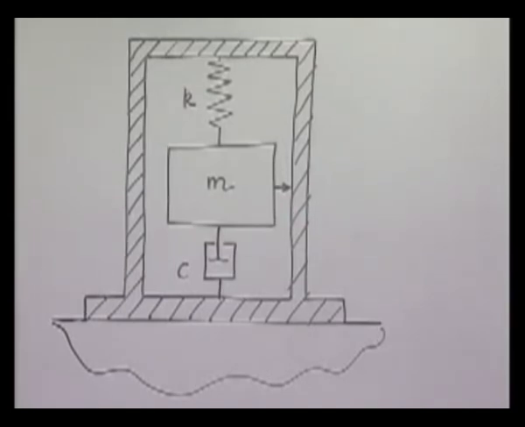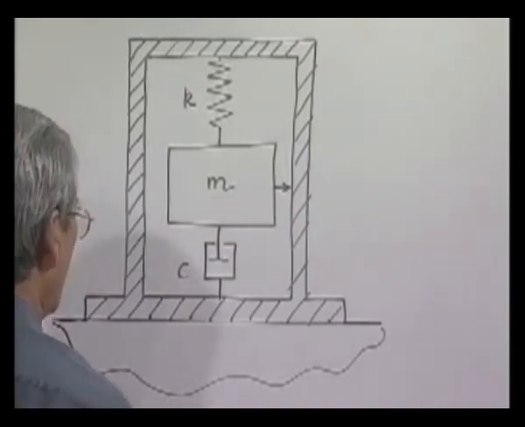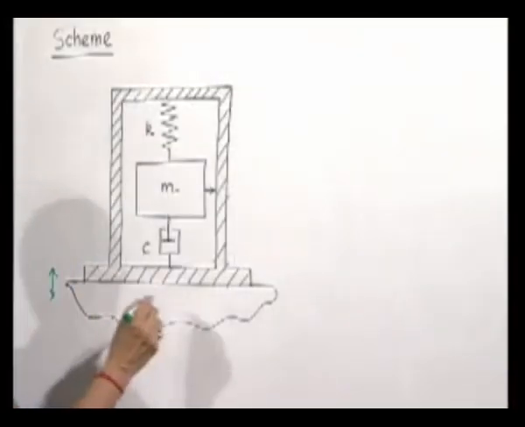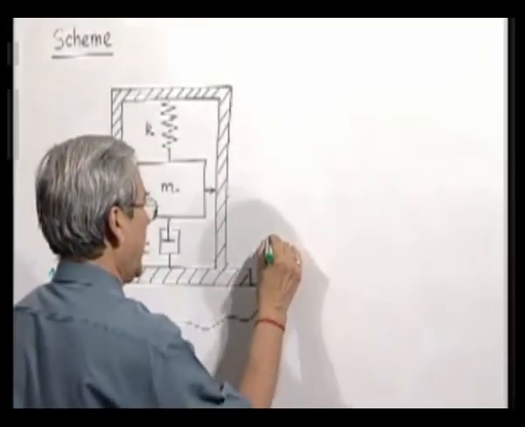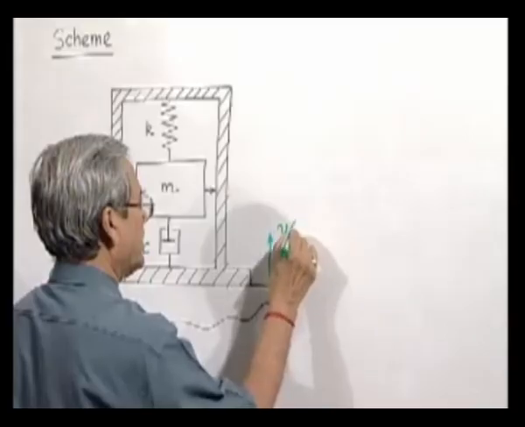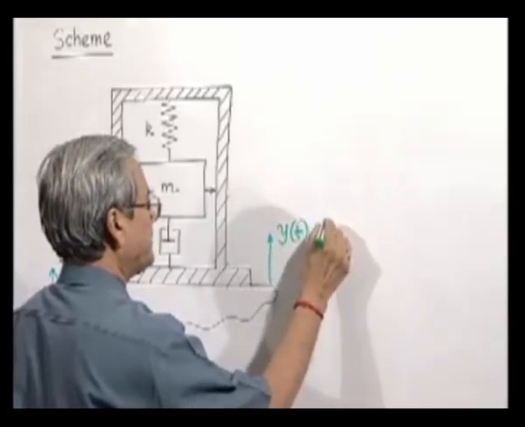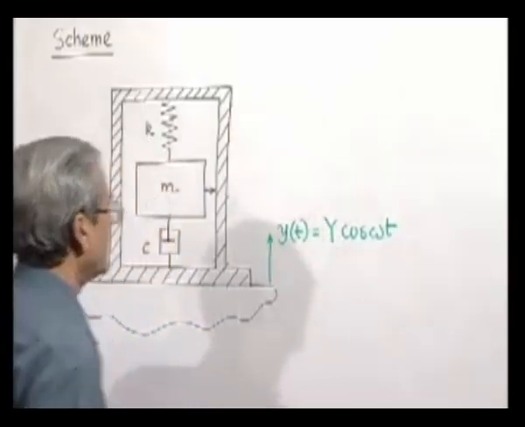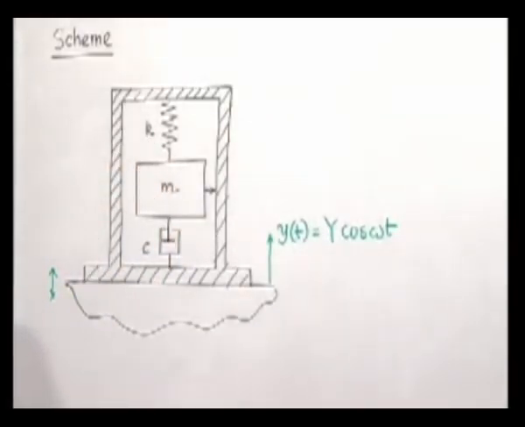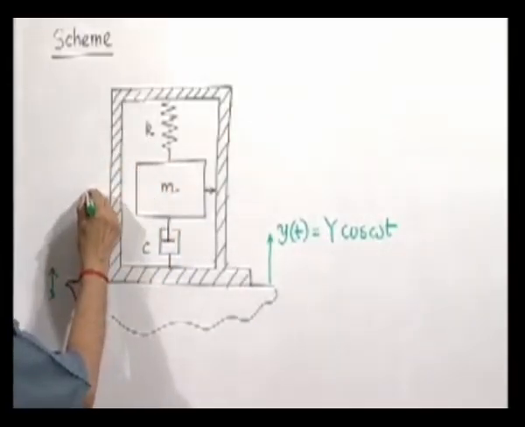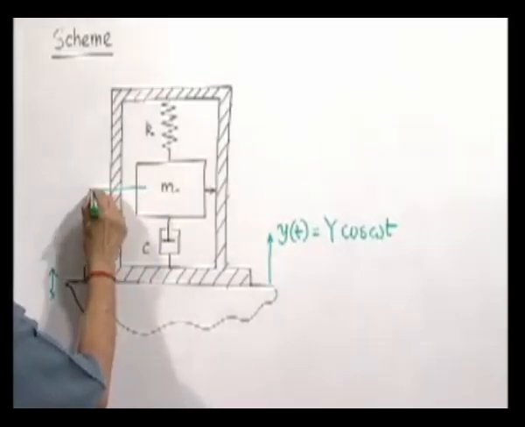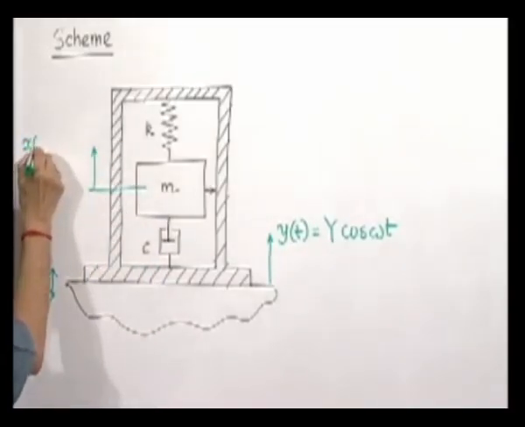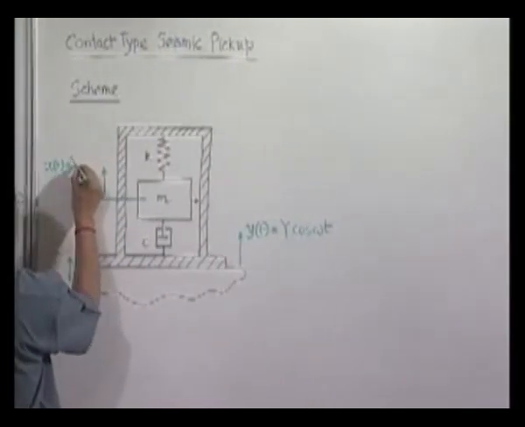It is connected to the machine body or system body which is vibrating like this, and we call this vibration as a function of time. Then we know that from the equilibrium position, the vibration of the mass we can describe by x, which is a function of time.